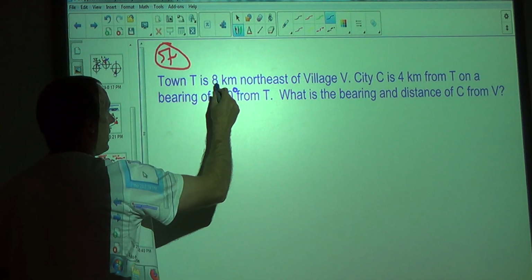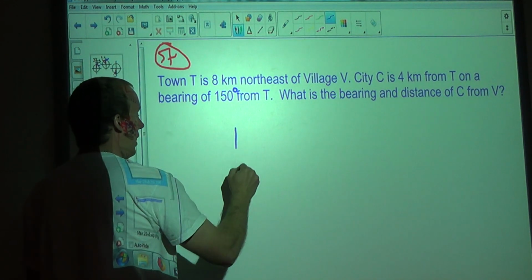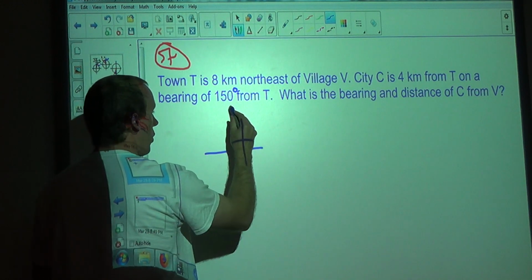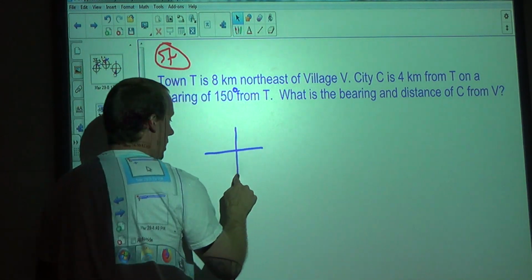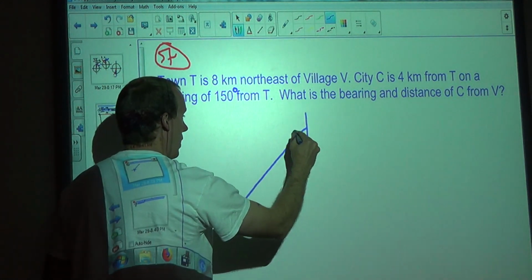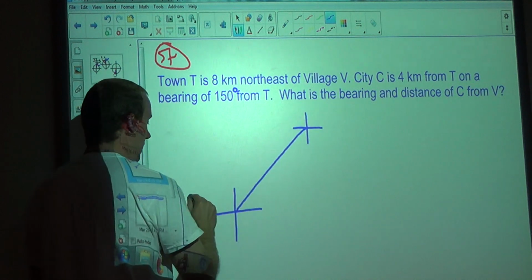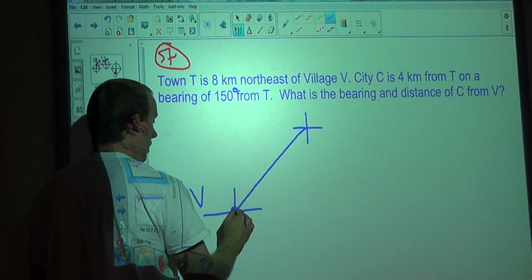Okay, town T is 8 kilometers northeast of village V. So northeast would mean it's to the north and to the east. So actually it's going upward, over to here. So T is northeast of village V. So V is over here.